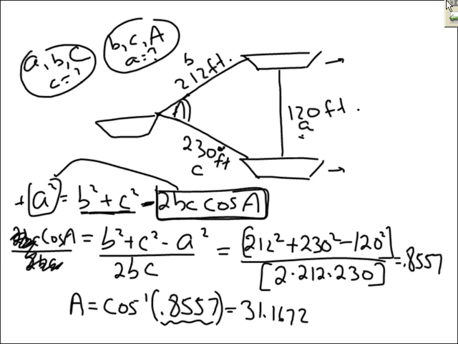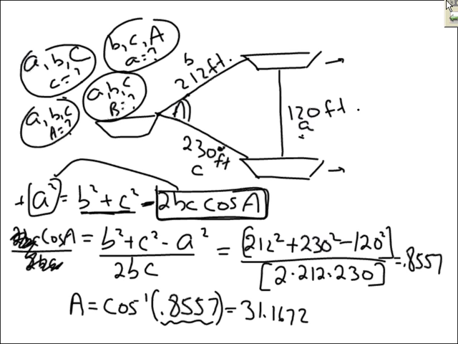Or if they give you all three sides, then they ask you what A is. Or if they give you all three sides and they ask you what B is. Or of course if they give you all three sides and they ask you what angle C is. Those are law of cosines problems. Anything else? Law of sines. Alright, good luck with these laws.